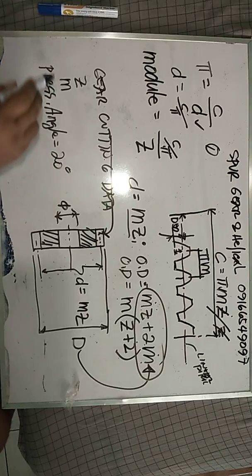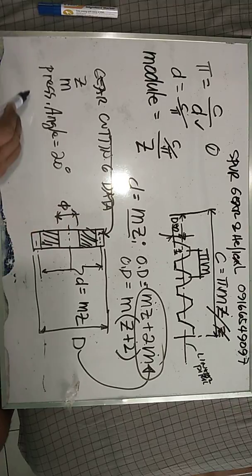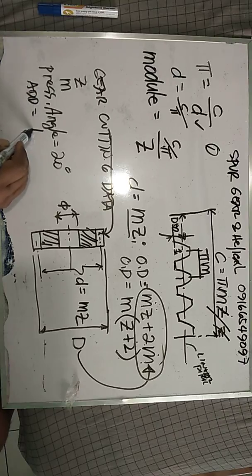It can be found in every gear cutter. And you must indicate the addendum, which is equal to 1 times the coefficient, and the dedendum you have to indicate also, which is 1.25.